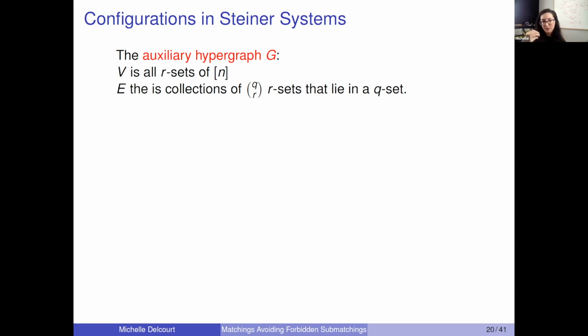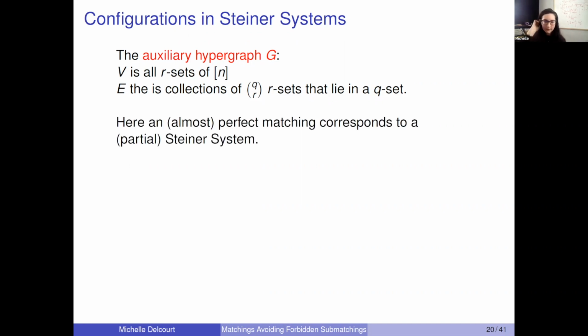So we are going to collect all of the r element subsets that live in this q element subset. So for each q element subset, we're going to throw in an edge with q choose r vertices. And here in this context, when we're dealing with a perfect matching, we will get a Steiner system. And if we have a large matching, then we will get a large partial Steiner system.